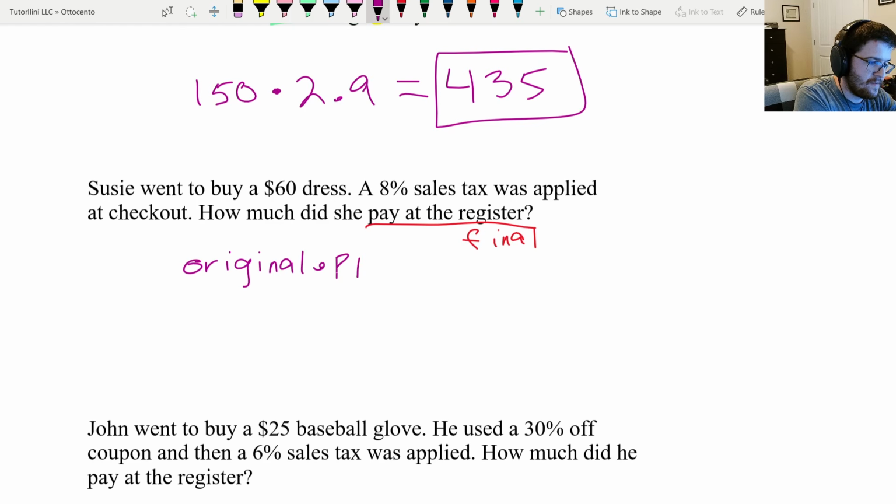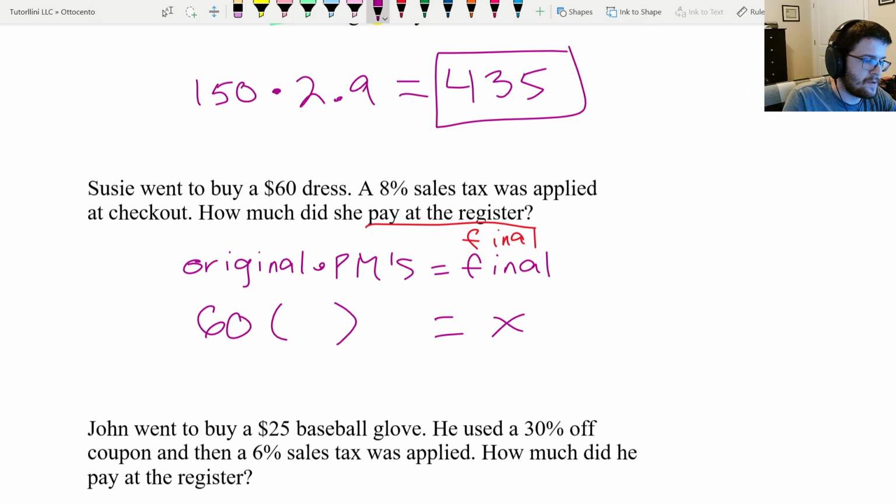There's only one. And the original price is the sticker price, so $60, times the percent multipliers equals the final, which is what we want to find. So we could call that X if you want.